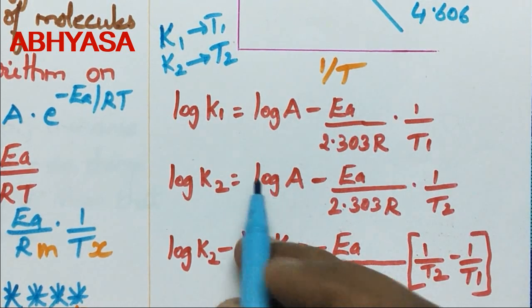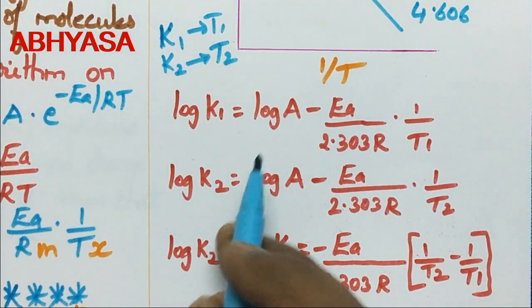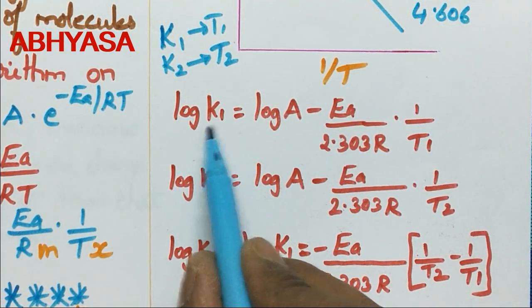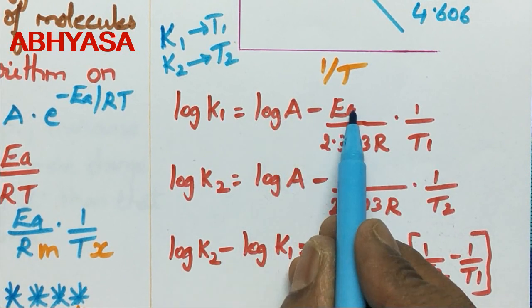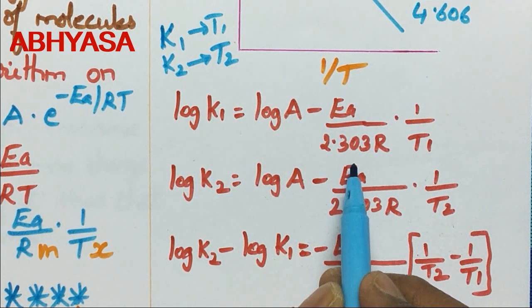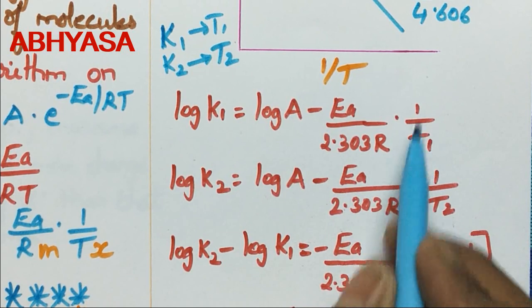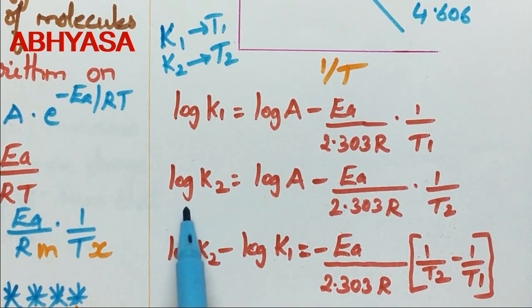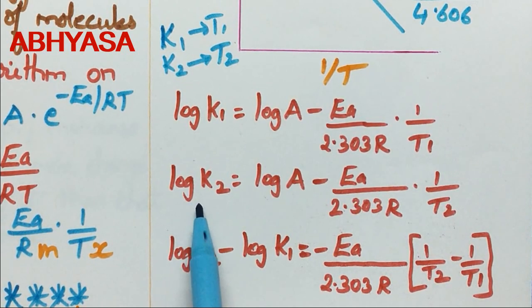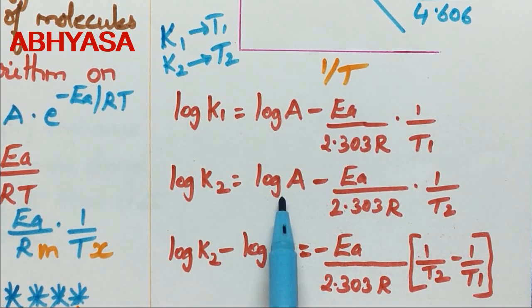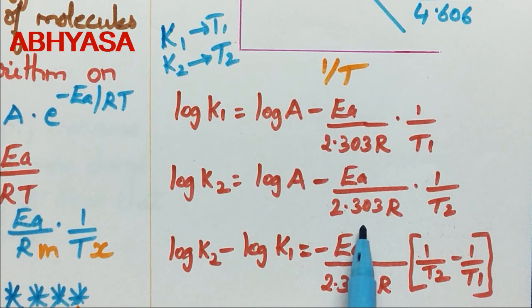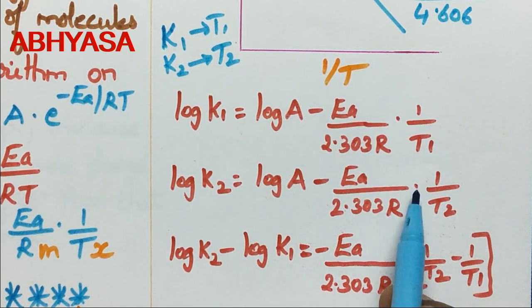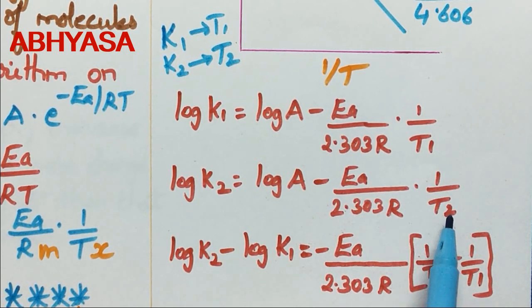So this equation becomes log K1 is equal to log A minus Ea by 2.303 R, instead of 1 by T, I will write it as 1 by T1. Then at temperature T2, log K2 equals log A minus Ea by 2.303 R into 1 by T2.